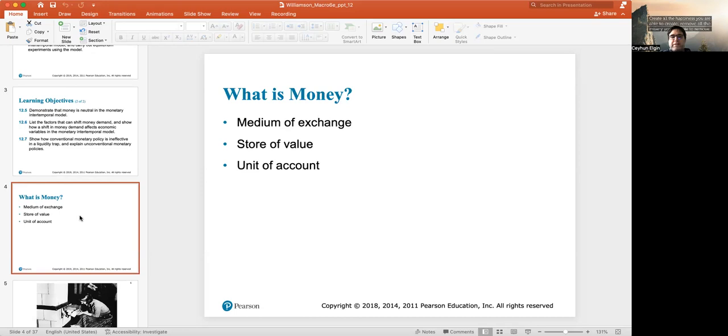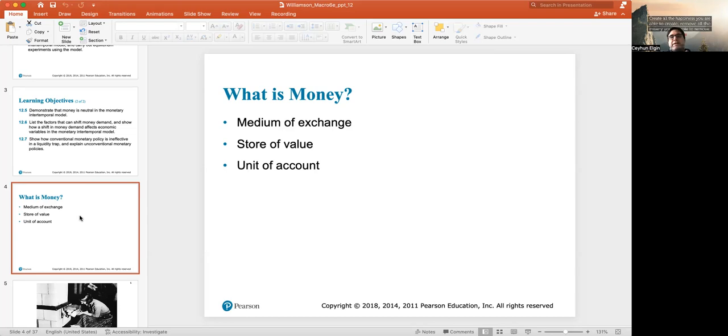Now before we start the intertemporal model, the first thing that we are going to talk about, as I said, is functions of money. And basically, we argue that money is something that fulfills 3 functions, so to speak. These functions are 1, the medium of exchange, 2, the store of value, 3, the unit of account.